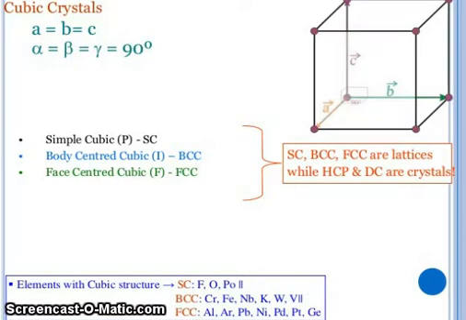I repeat, SC, BCC and FCC are lattices, while SCP and DC are crystals. Elements with cubic structure: Ag, Fe, Po; BCC: chromium, iron, niobium; FCC: aluminum, like that.